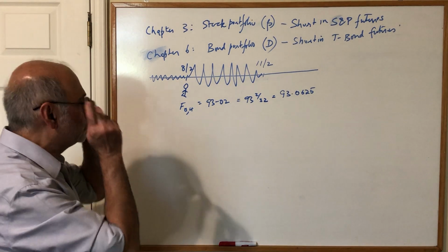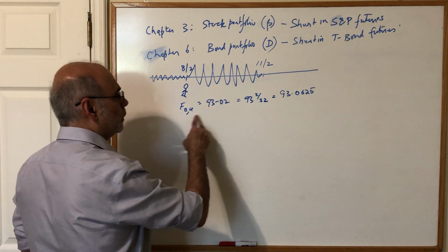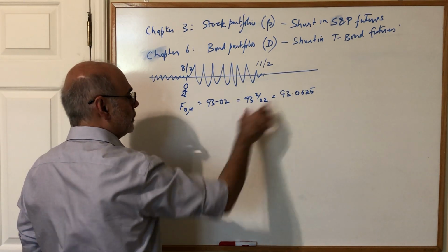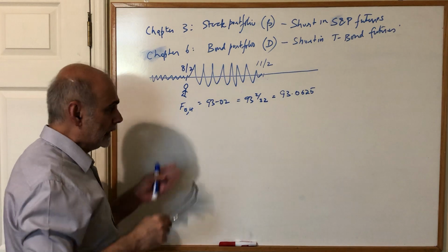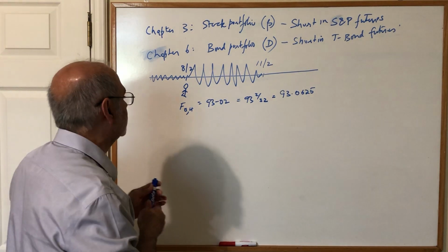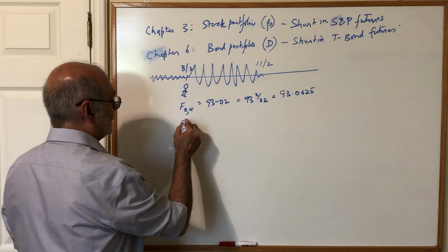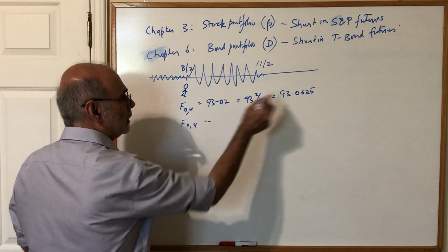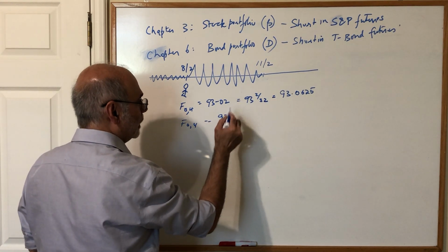Okay, so the futures price is always given as a percentage of par. And for the T-bond contract, we're talking about delivering $100,000. So you can write the futures price in dollars as 100,000 of that.